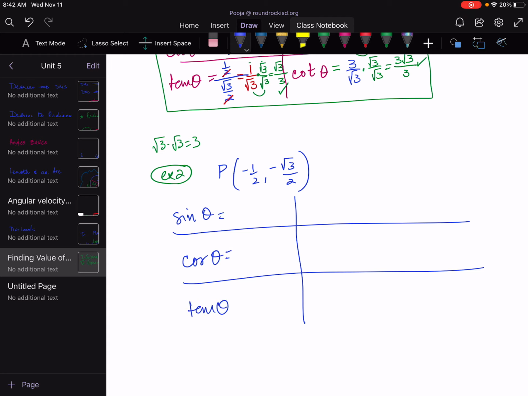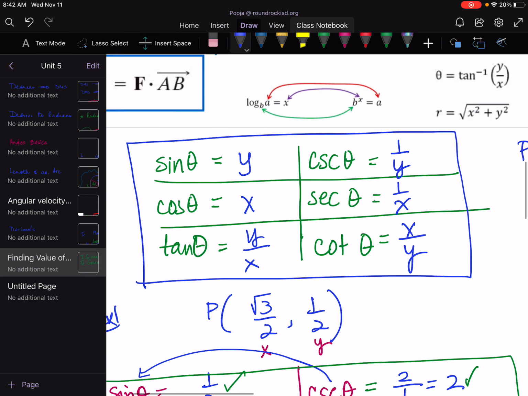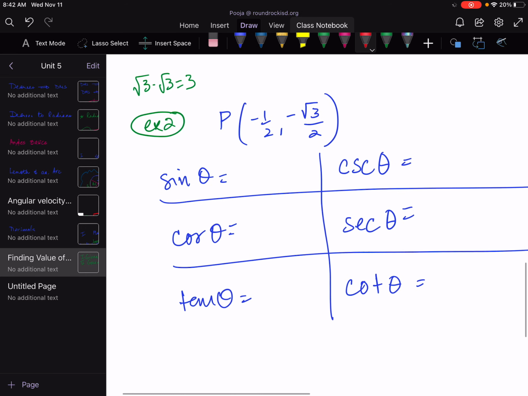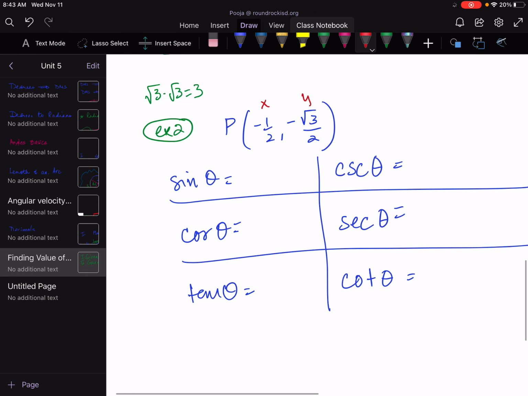Tangent, cosecant, secant, and cotangent. All right. And the formula is given in this first one, right? Sine is equivalent to the y coordinate, negative root 3 over 2. That's not bad. Cosine is equivalent to the x coordinate, which is equal to negative half.